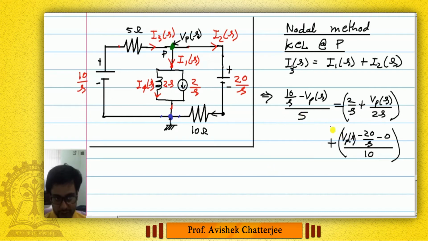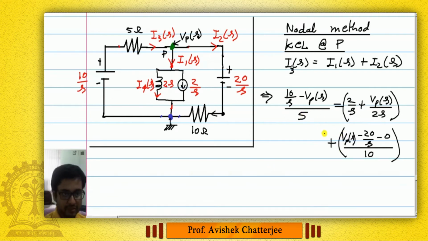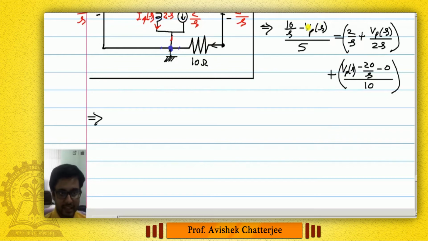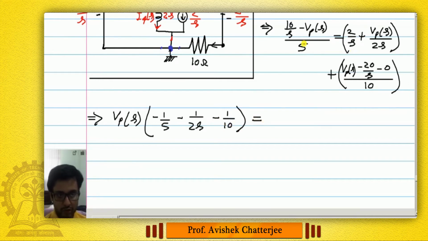Now we have to simplify this equation a bit. Let me gather all VPS terms together. So we have here minus 1 by 5, then from here minus 1 by 2S, and then from here minus 1 by 10. This is equal to, let me write all other terms on the right side.